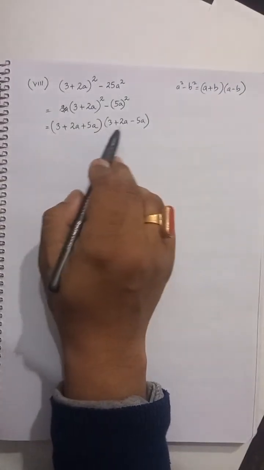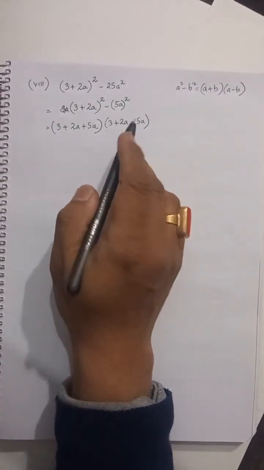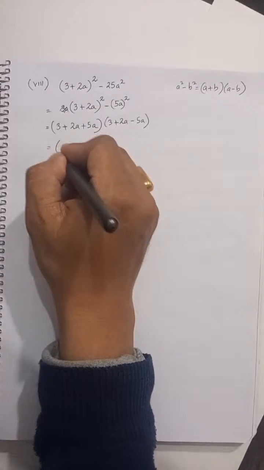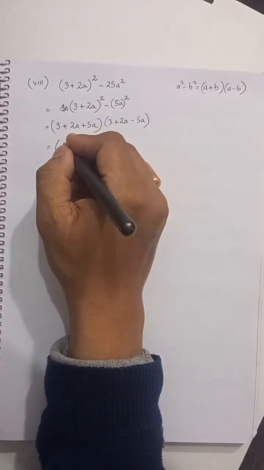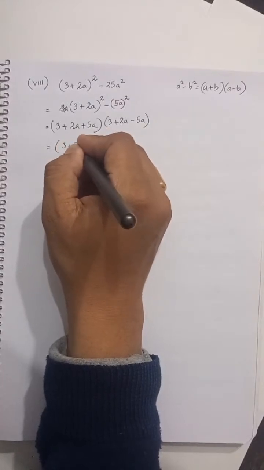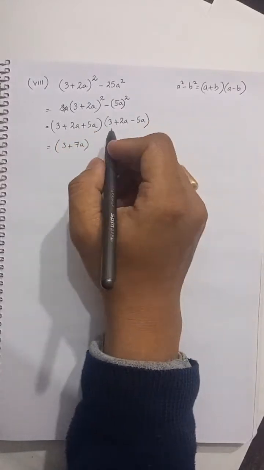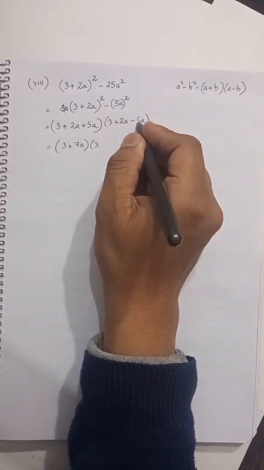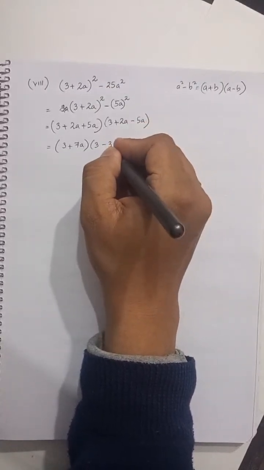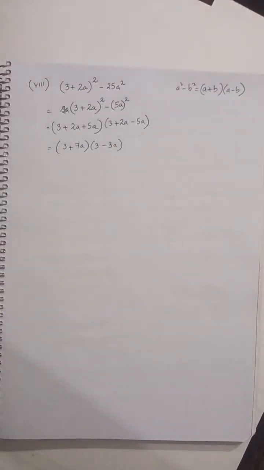But we see that we have two like terms here having the variable a, so we'll solve it. 2a plus 5a is 7a, so we'll have 3 plus 7a, and then we have 3 plus 2a minus 5a, so this is 3 minus 3a. So this is our answer.